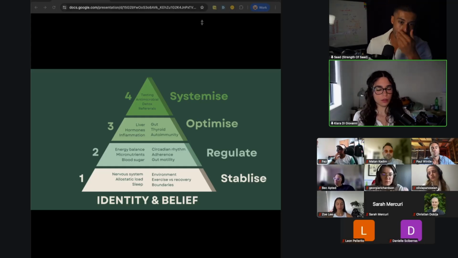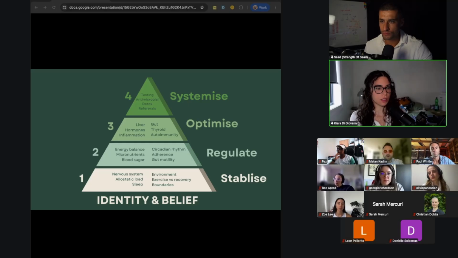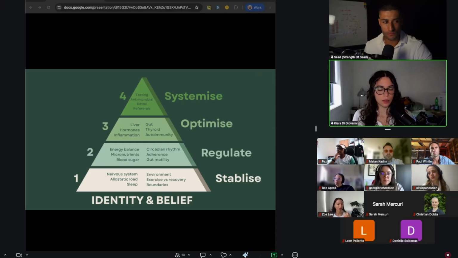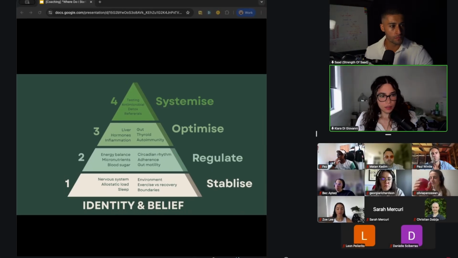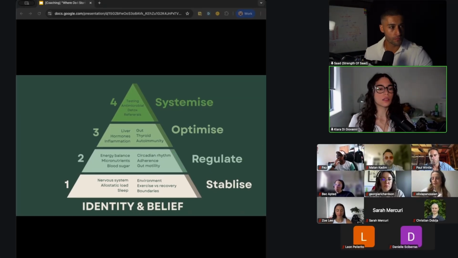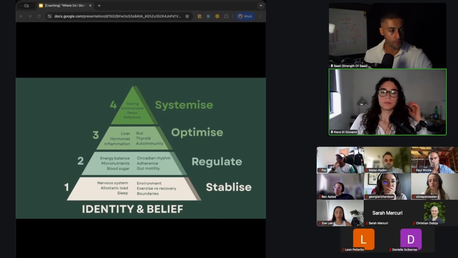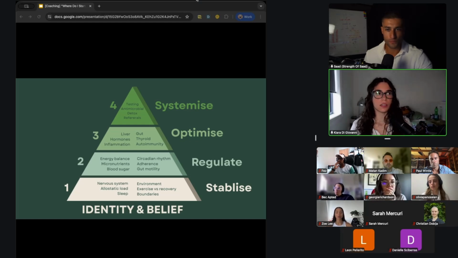So in the first phase of dealing with someone, we really need to focus on putting the fires out, calming everything down, and making sure their nervous system is in a space where they can actually start to implement the suggestions you're giving.